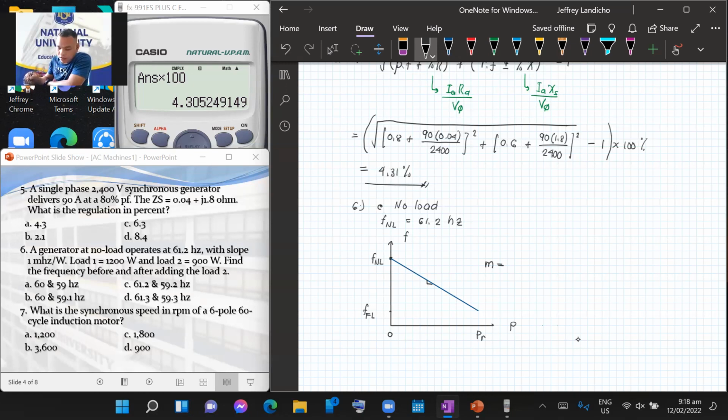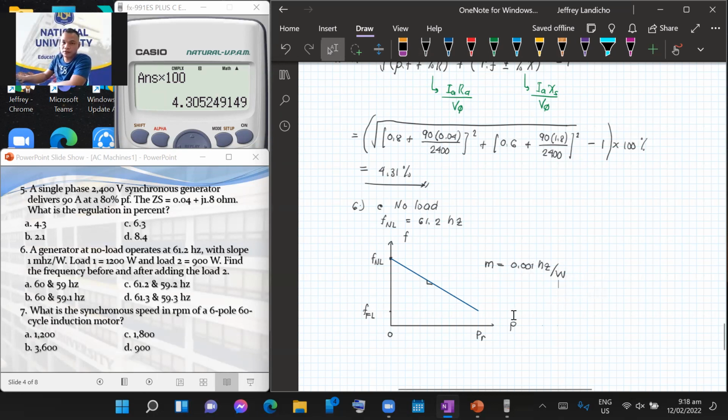It was given as 1 millihertz, which is 0.001 hertz per watt. Since the line slants to the left, the frequency decreases by 0.001 hertz for every 1 watt increase in the load connected to your alternator or generator.